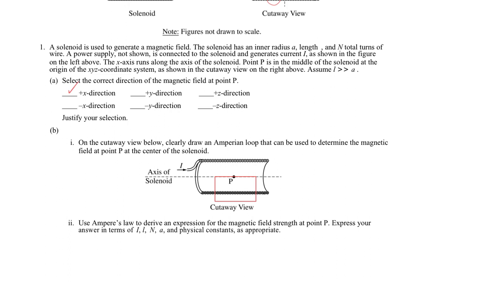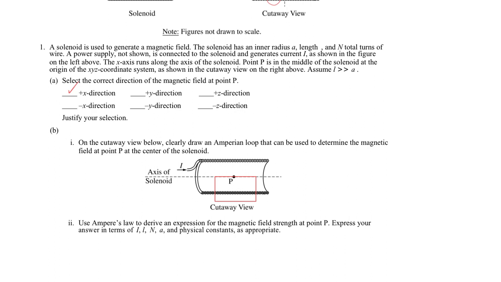It would have to have a portion that lies along that axis line and a portion that is outside of the solenoid. Anything circular won't work. Anything that is contained all the way inside also won't work. It has to look like this. Everybody understand? Yeah? Square would look right. Square would be fine.